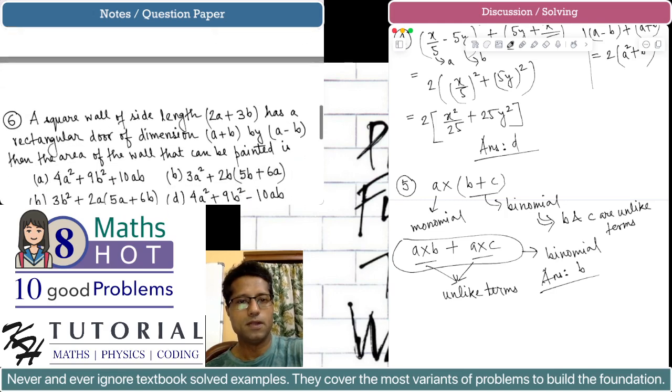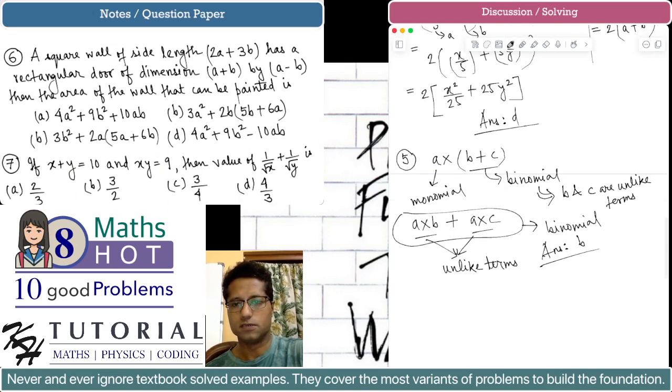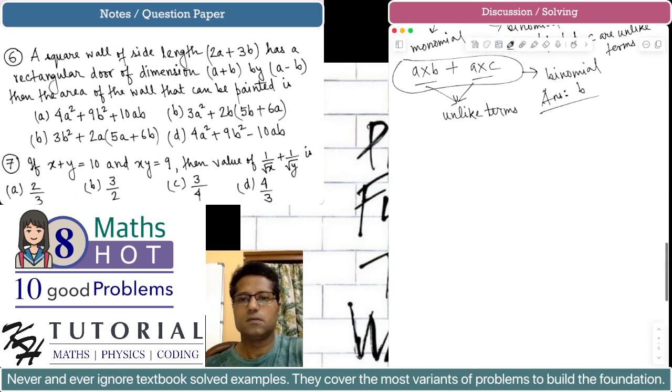Okay, let's do problem number 6. A square wall of side length 2a plus 3b has a rectangular door of dimension a plus b by a minus b. Then the area of the wall that can be painted is... A square wall.